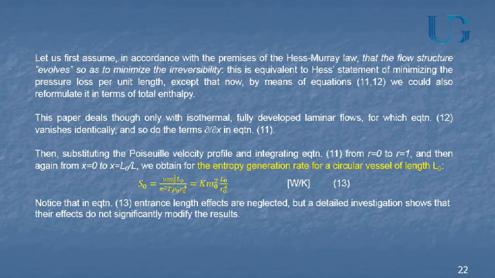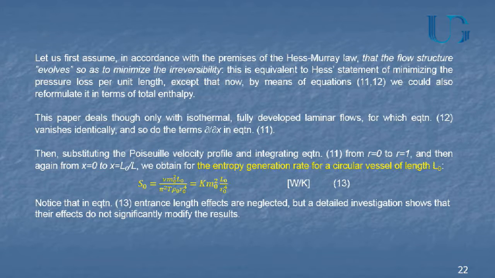Okay? S0 is the irreversible loss that you get in a pipe of length L0 and of radius R0 when the temperature is T0 and the viscosity is nu. Next, please.